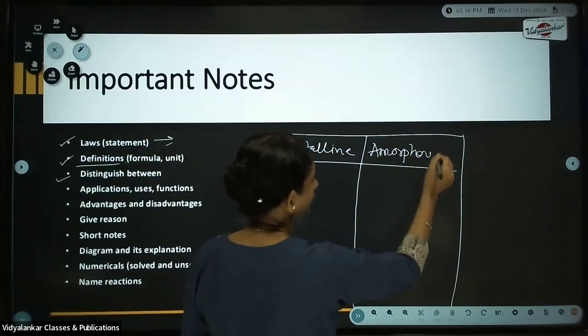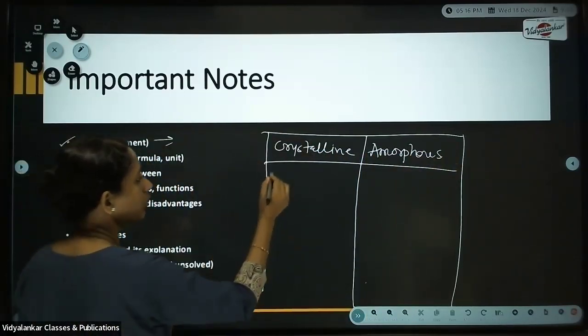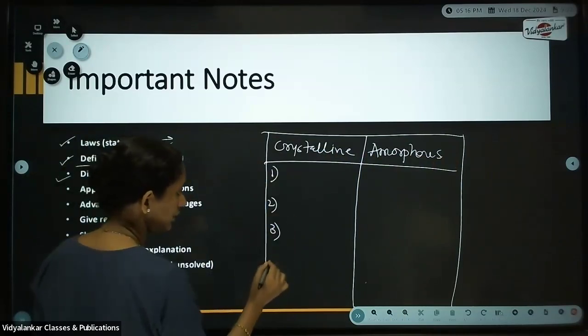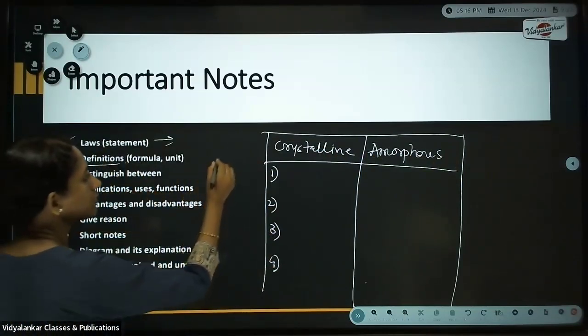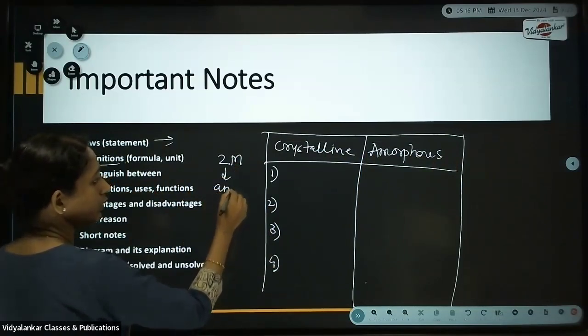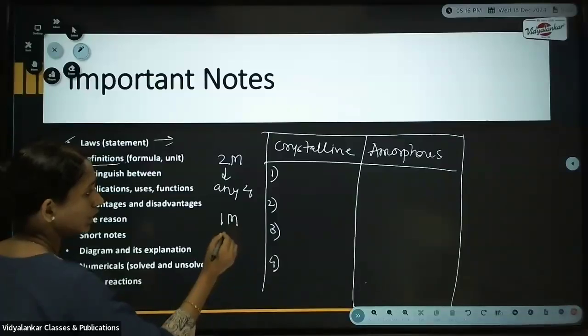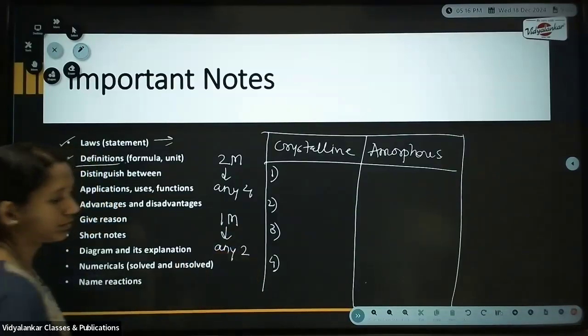Two columns are very important. Then write the answer in points. If the question is asked for 2 marks, write any 4 correct points. If it is asked for 1 mark, then any 2 points.